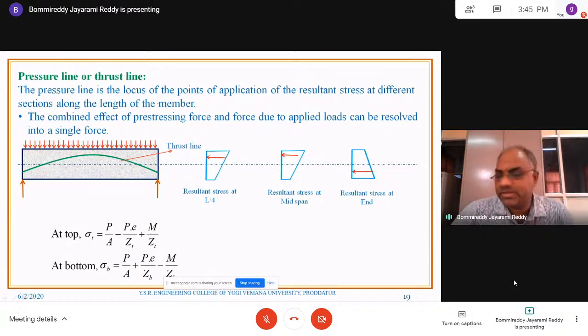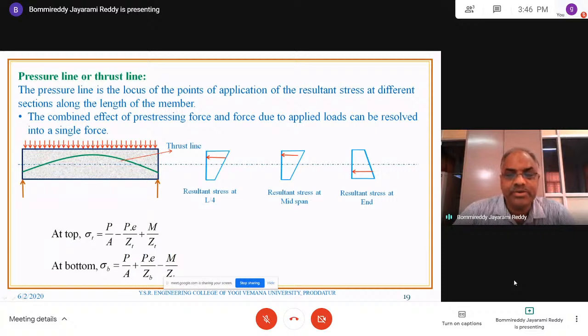Now, pressure line or thrust line. So what is going to happen here? Because of the compressive force induced through the pre-stressing cable, the entire structural member is under compression.